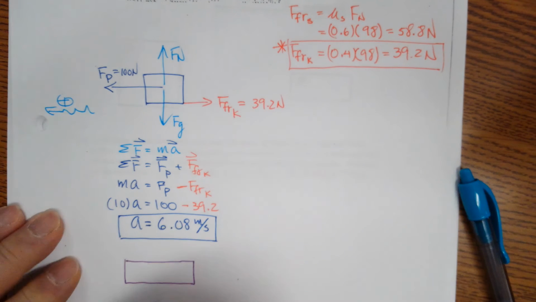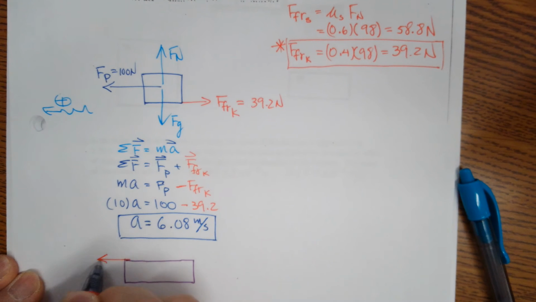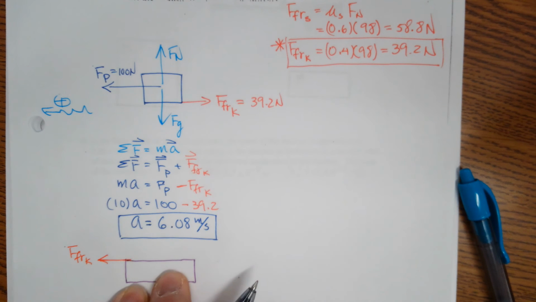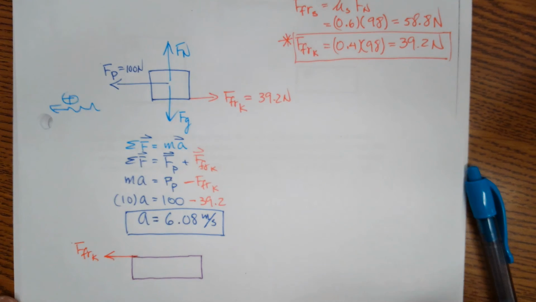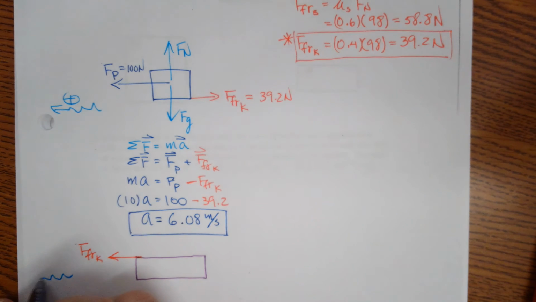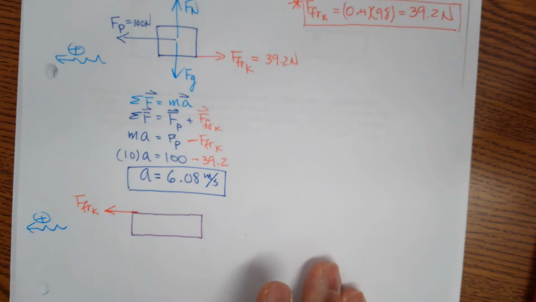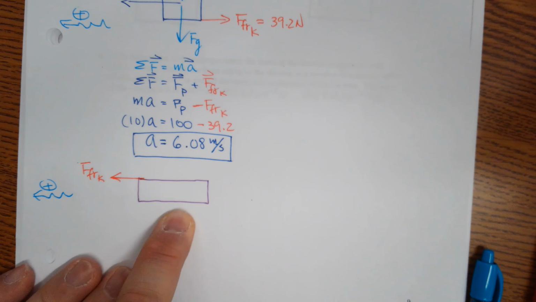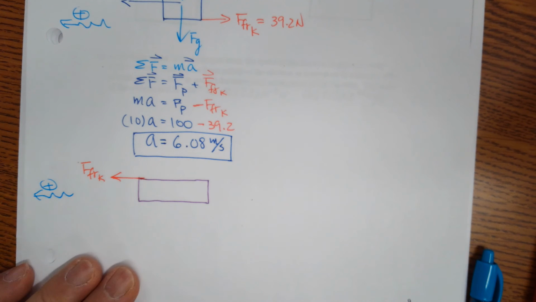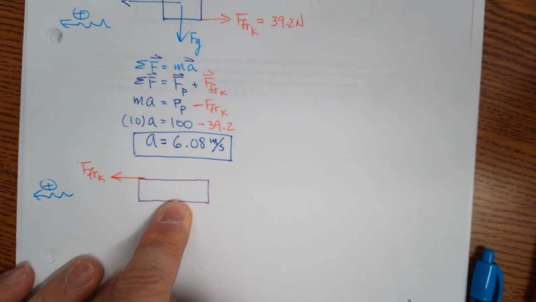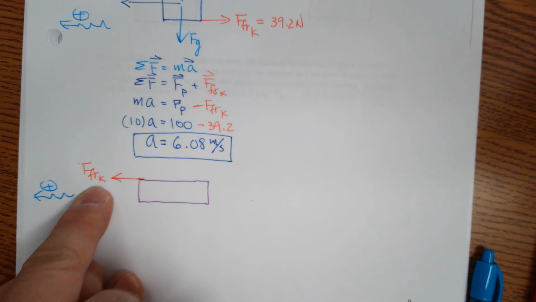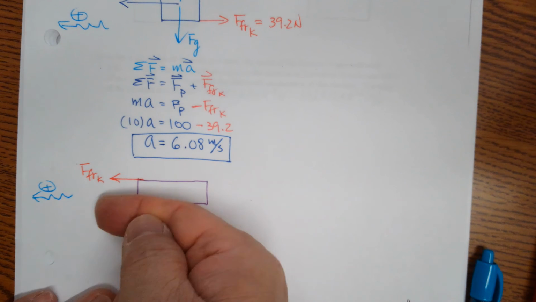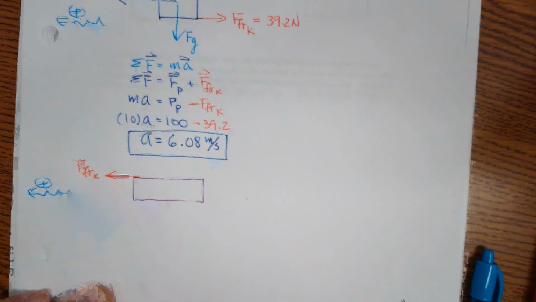So what's pulling the bottom slab is the kinetic friction caused by the top block and the bottom block. Again, I'm going to consider this direction to be the positive direction, right? And since there's no friction between the floor and the slab, there's no other horizontal force except for this force only. This is the only force that's making this bottom slab accelerate that way. All right?